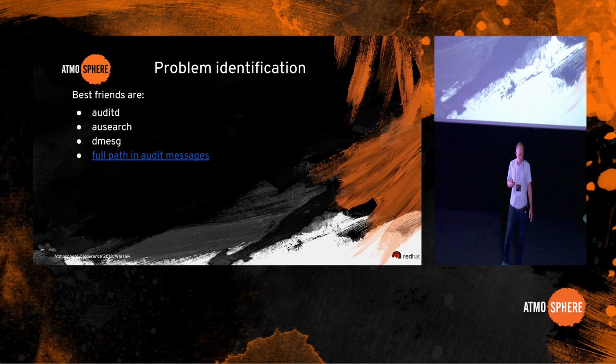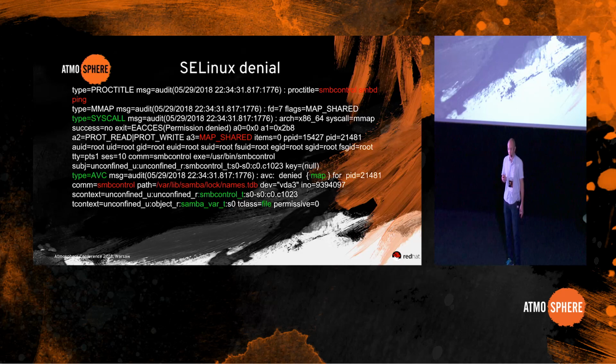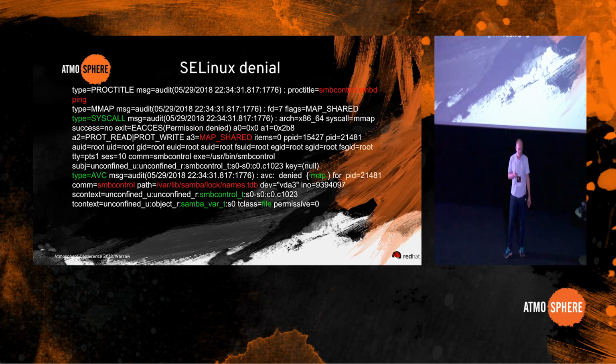What is an SELINUX denial? So I know it is a huge amount of text, but please focus on the red and green parts. These are important. An SELINUX denial is an audit message which tells you that something was denied because of SELINUX, and the message has several parts, and some of them are more important, some of them are less important.